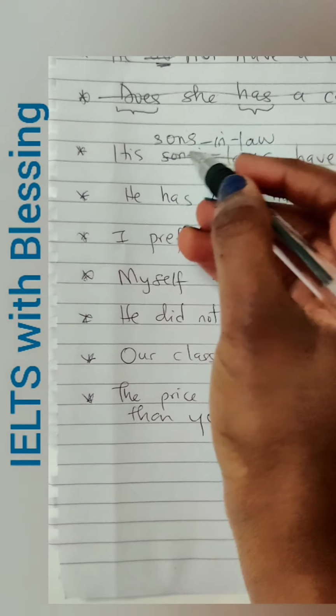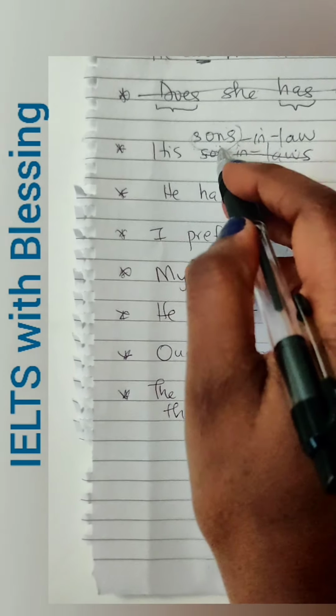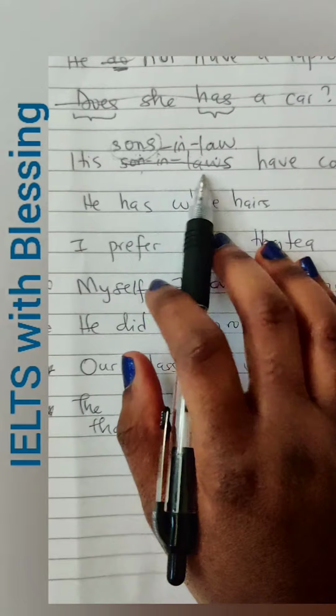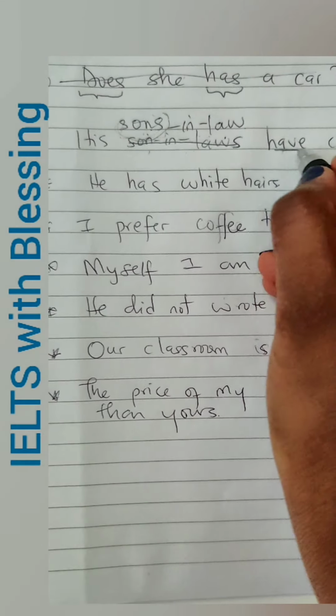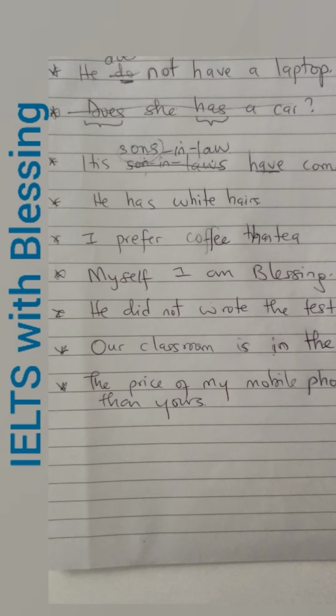So you pluralize the son or the daughter or the father or the mother. So it's going to be sons-in-law. Same for mothers-in-law, fathers-in-law. And the verb would be have come home, because that is the past participle.